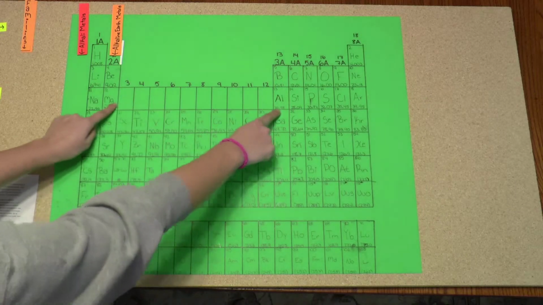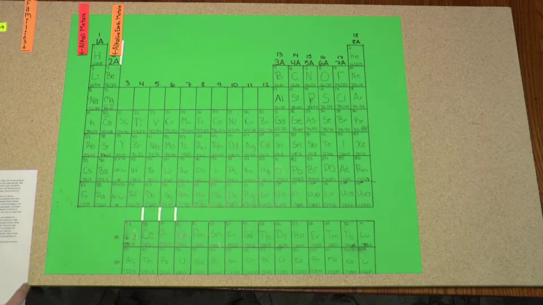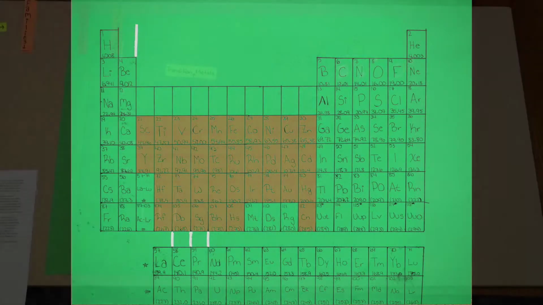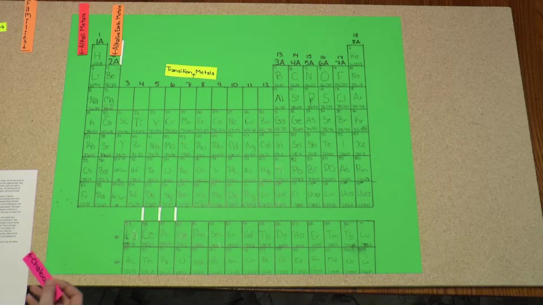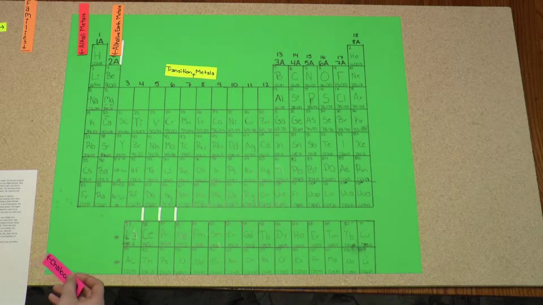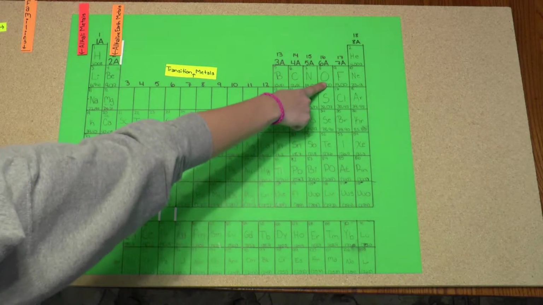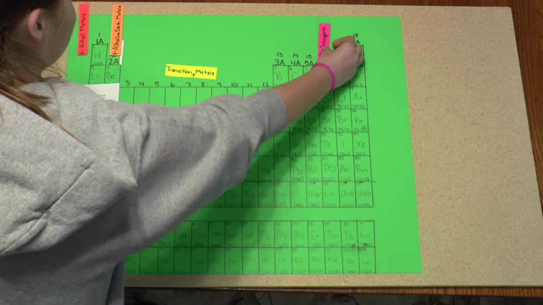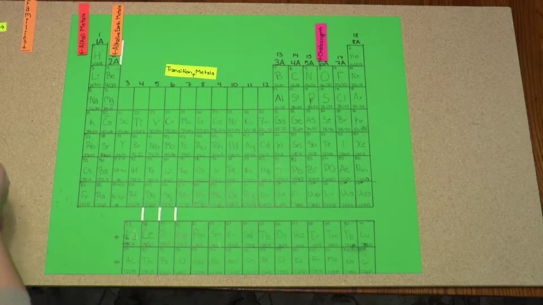This next entire block is called transition metals. The 16th group here is the halogens, also known as the oxygen group.